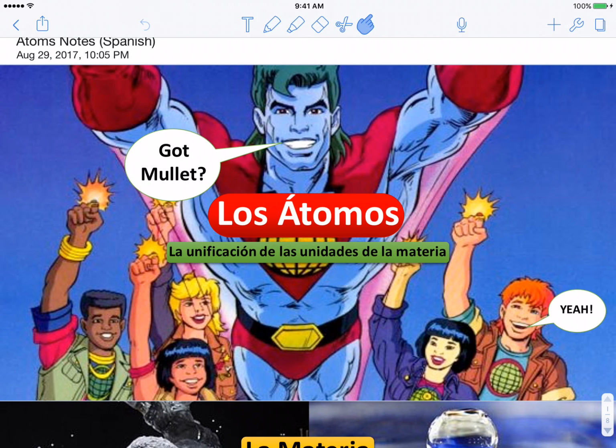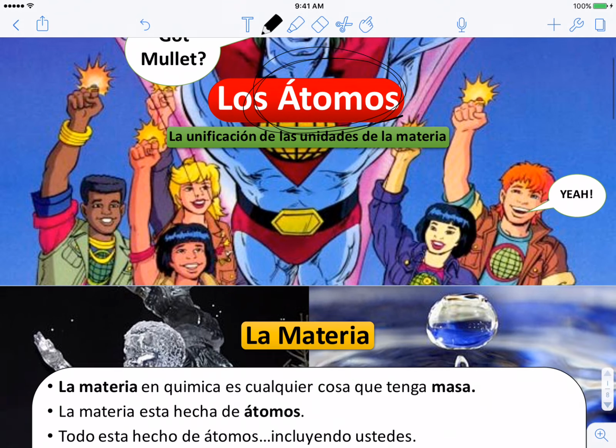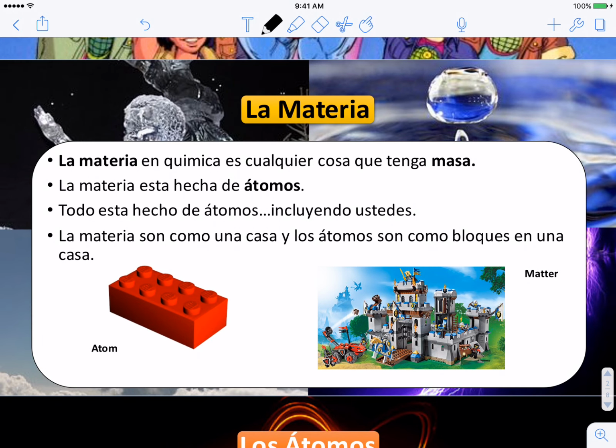So what we're going to cover first is something called atoms, or los átomos. And atoms provide for the unification or the togetherness of all stuff that you see in the world. So we'll call that la unificación de las unidades de la materia. La materia, or matter, as you will hear me say, in química or chemistry, es cualquier cosa que tenga masa or mass.